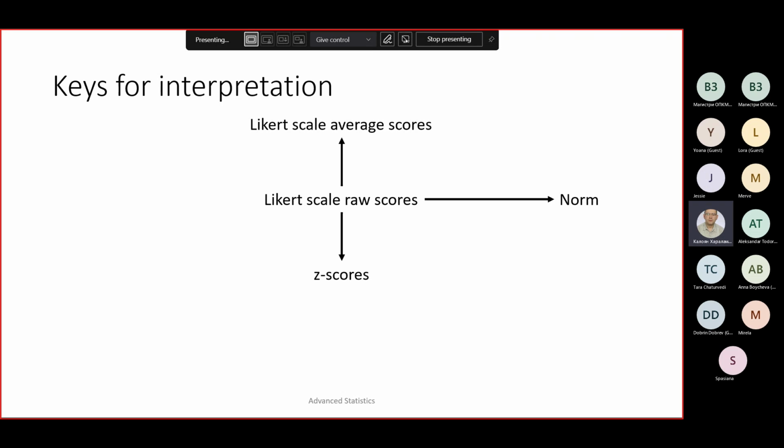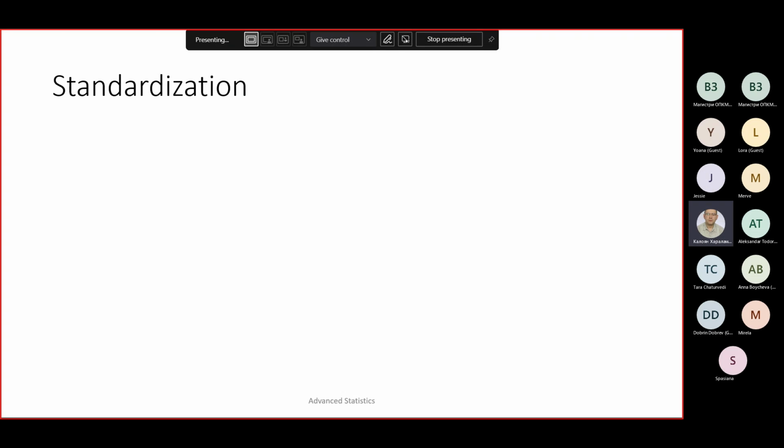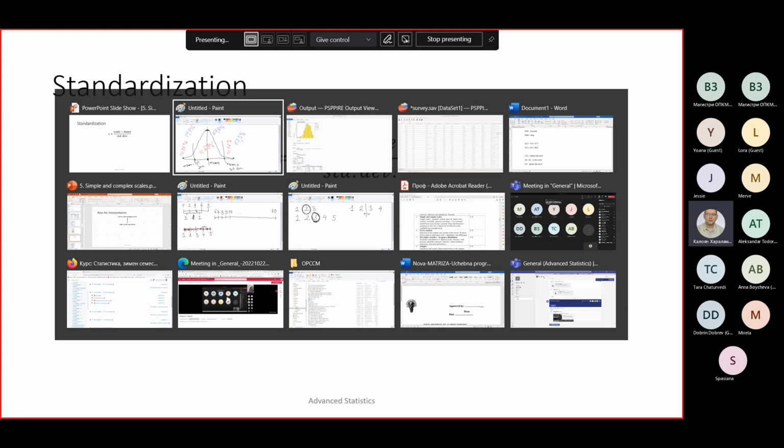What does that mean, Z-scores? To calculate Z-score from scale, minus mean and divided by standard deviation. And the question again is why? Why we should do this?